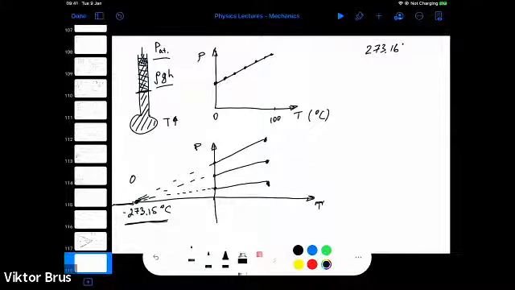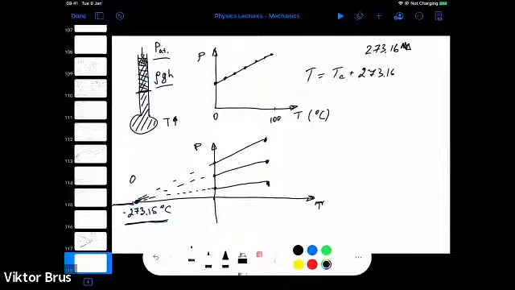And this temperature is 273.16 degrees Celsius. So, sorry, not degrees Celsius. So in absolute scale, when we have absolute temperature, it's temperature in Celsius plus this 273.16.